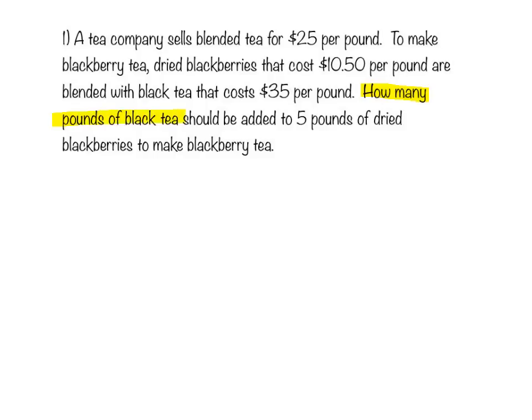So let's assign a variable to that. This is going to be the variable W. We'll call that W. As the problem tells us, it takes 2 ingredients to make this mixture. We have the dried blackberries and we have the black tea.